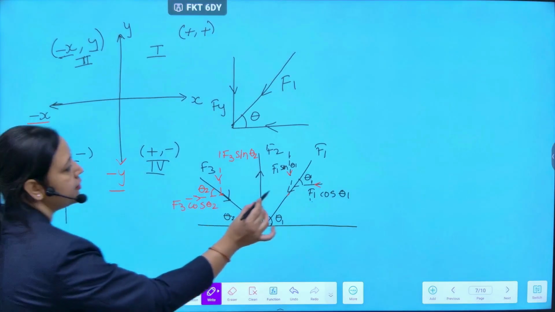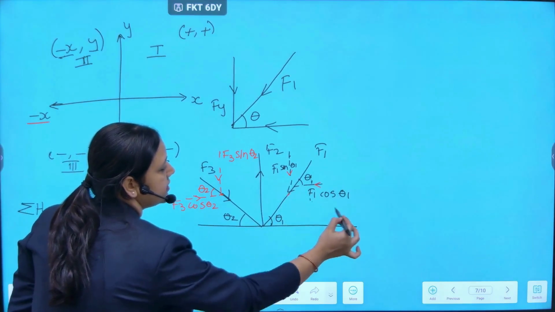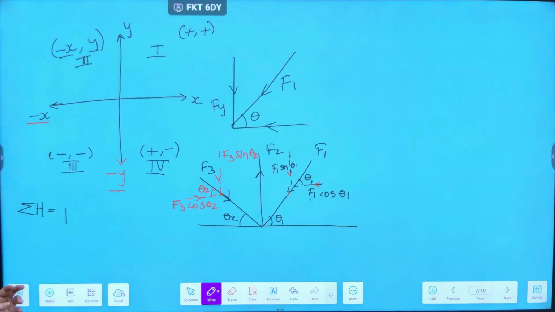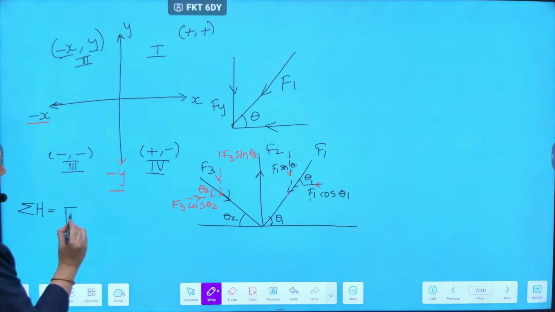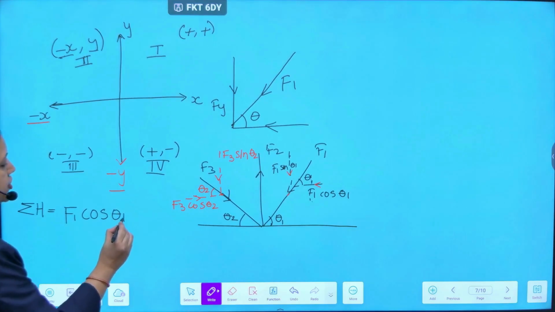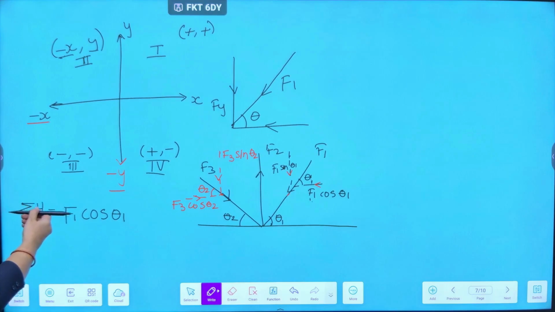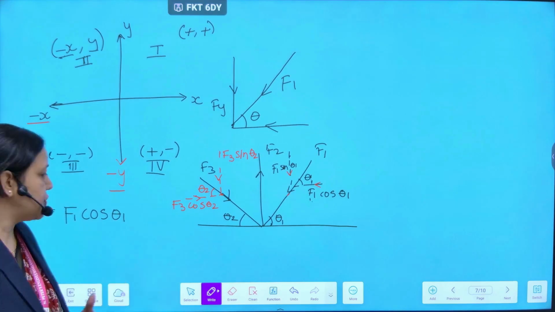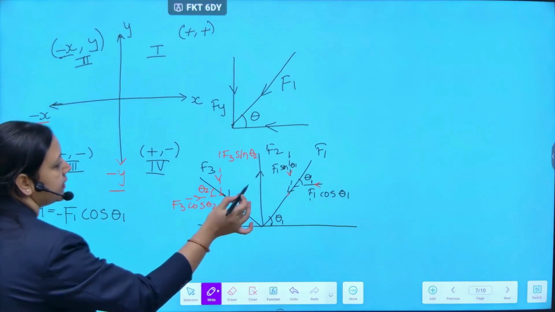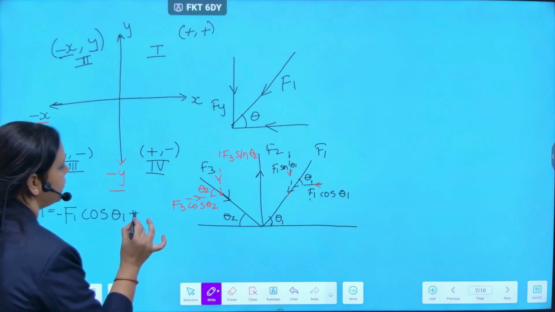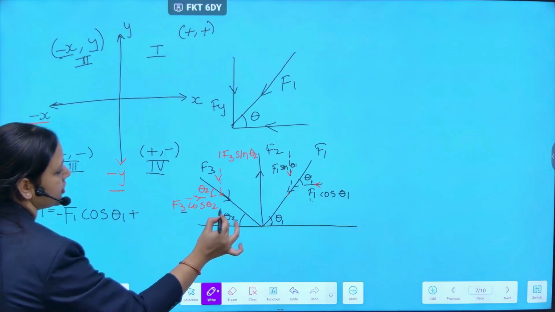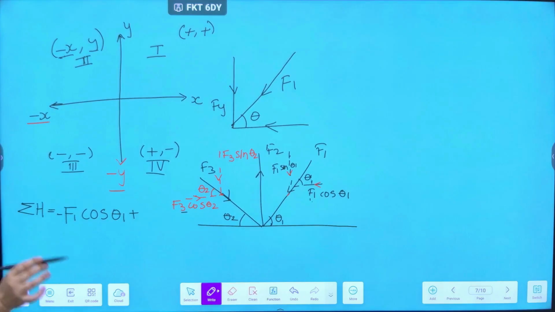So what are the forces in the horizontal direction? F1 cos theta 1 is in the horizontal direction. What is the sign convention here? Moving inwards means negative. Then the other force that is acting in the horizontal direction is F3 cos theta 2.